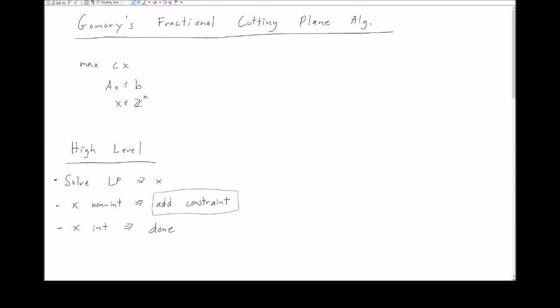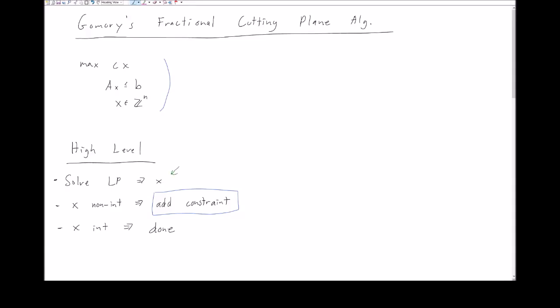Our particular example is going to be an integer program where we're maximizing some linear objective function, cx, subject to linear constraints, ax is less than or equal to b, and also having all the points x in the integer lattice. At a high level, the way this algorithm is going to work is we're going to solve the linear program. By solving the linear program, we're going to find a solution x.